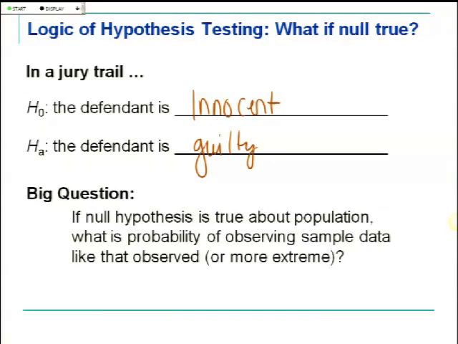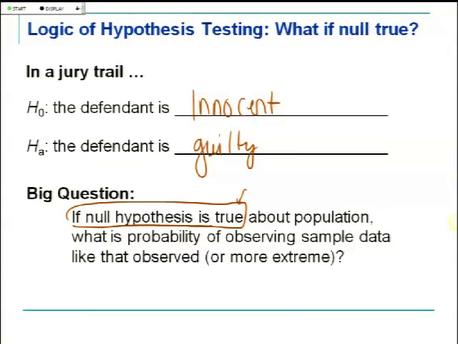And the evidence comes in. And you assume first innocent, and then you look at the evidence and say, oh, that's kind of unusual if really they're innocent. There seems to be strong support for the alternative theory, and if it's beyond a reasonable doubt, you go and claim that they are guilty. Same idea for making decisions in statistical hypothesis testing. We're going to pretend the H naught, the null hypothesis, is true.